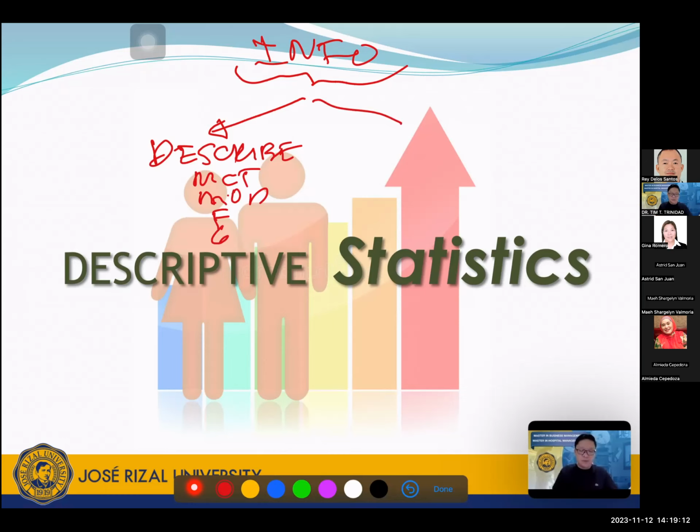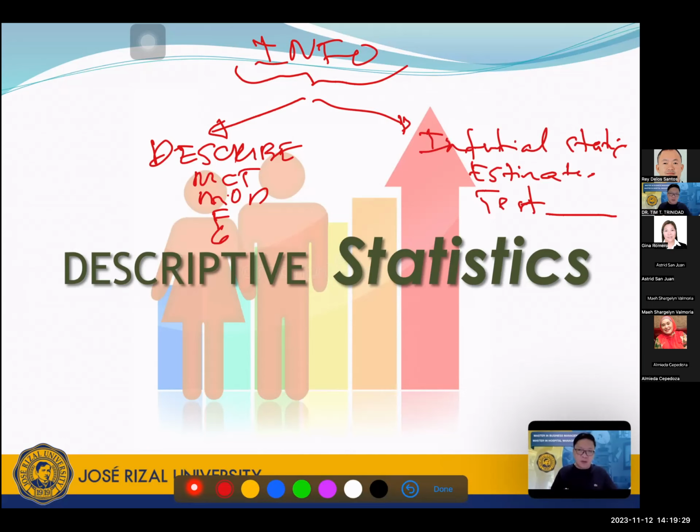Or you can do your inferential statistics, okay? And then you will be talking about estimates. And here you're going to test your hypothesis, okay? Whether there is a relationship between variables. Okay. Are we clear with that?